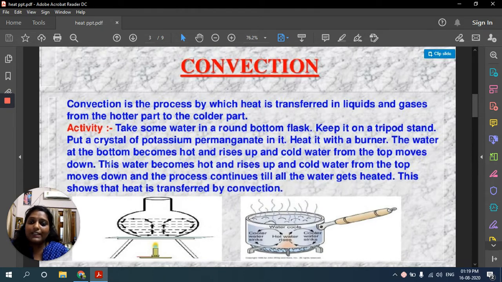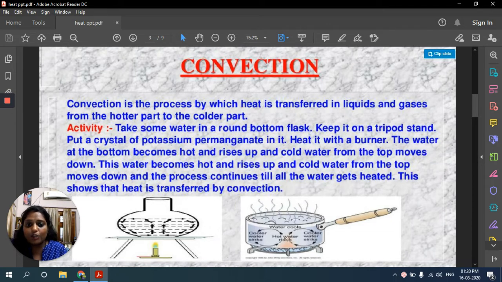The water at the bottom becomes hot and it rises up, and the cold water from the top moves down. This water becomes hot and rises up, and cold water from the top moves down. So there will be a circular current of hot and cold streams of water, and this setup of circular current is called convection current.